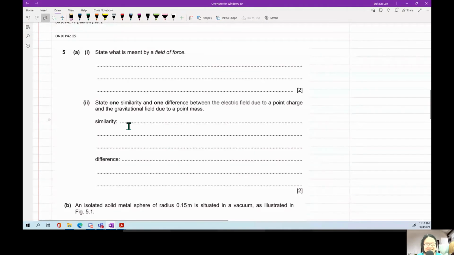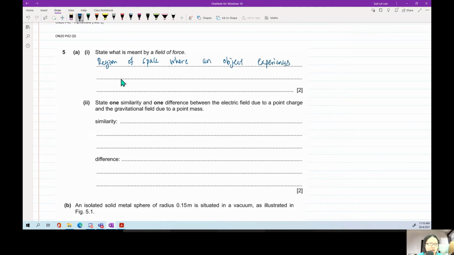Okay, anyway, let's start. State what is meant by the field of force. Whenever we talk about field, we're talking about space. So this is a region of space where an object or a particle experiences a force.